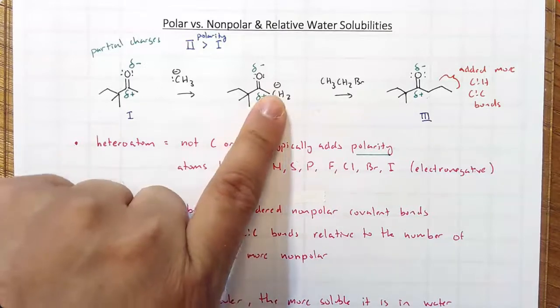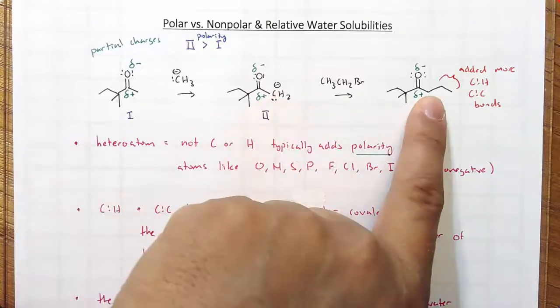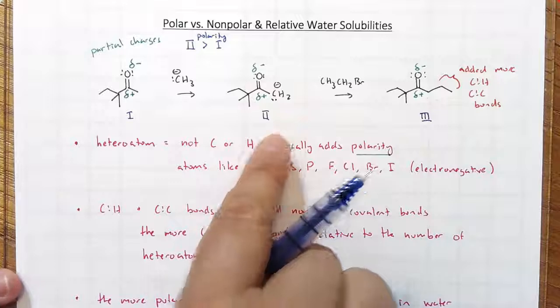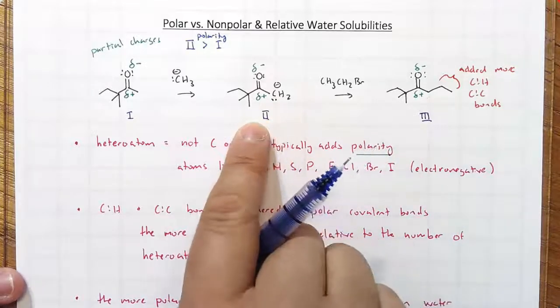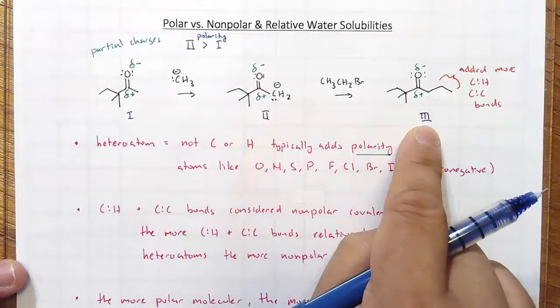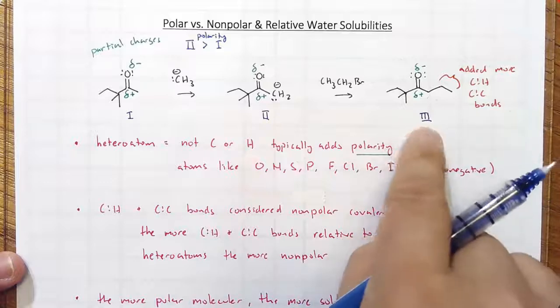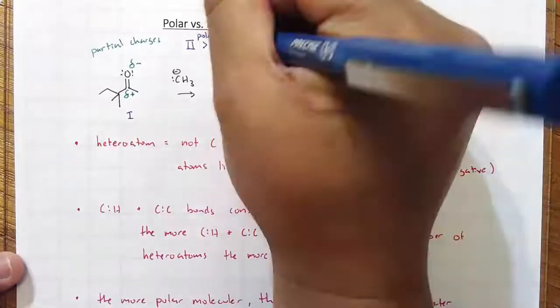We lost a formal charge. We added more carbon-carbon bonds. So, really, relative to molecule 2, molecule 3 is nonpolar. This is the most nonpolar molecule out of these 3.